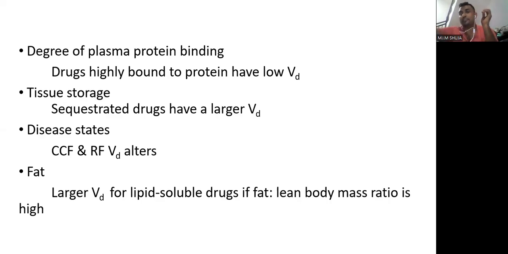It cannot go to other compartments. So when it's confined to the blood vessel, the volume of distribution is low. Okay. Then the tissue storage. When a drug goes and is deposited in the other tissues like retina, fat and other parts, they have a larger volume of distribution because they are not inside the blood vessels. They go to other compartments.